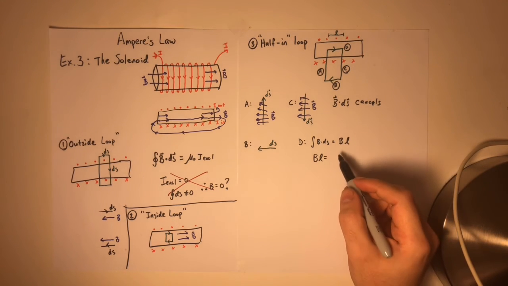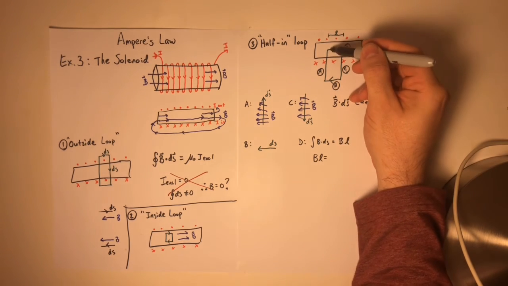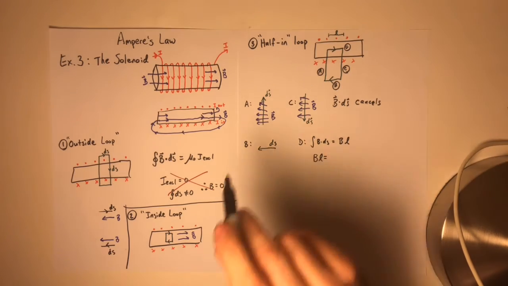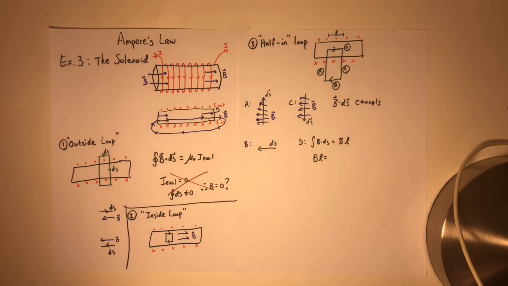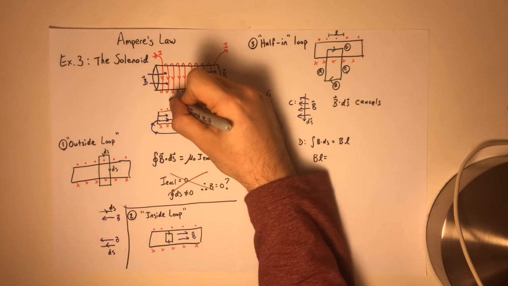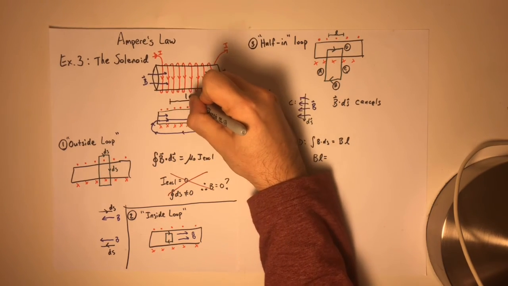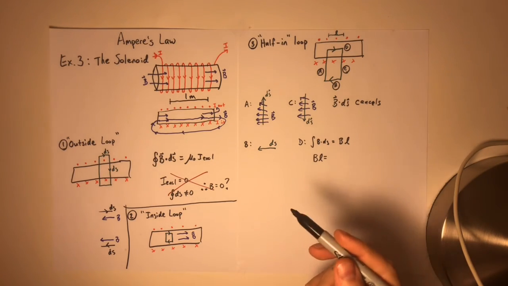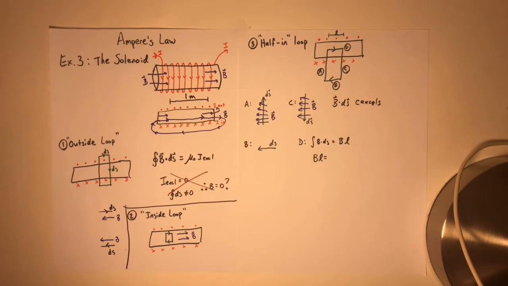At any rate, you want to think about, for some length L, how many of these things you are enclosing? Well, really all you can say is that for every 1 meter of solenoid that you have included in your loop, there's going to be some countable number of turns within that meter.